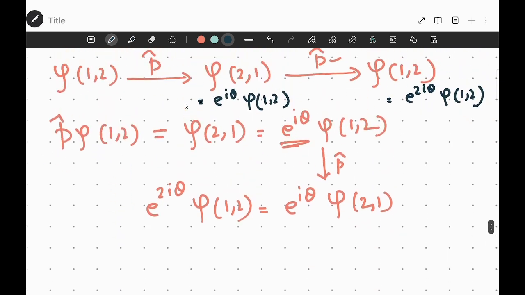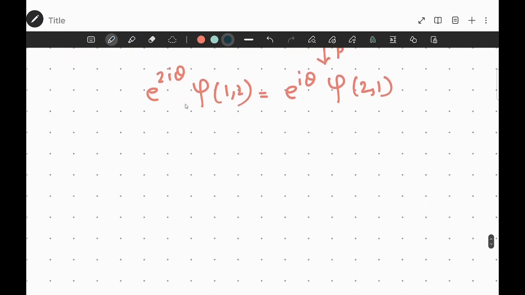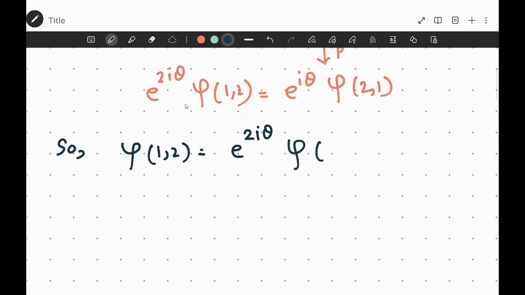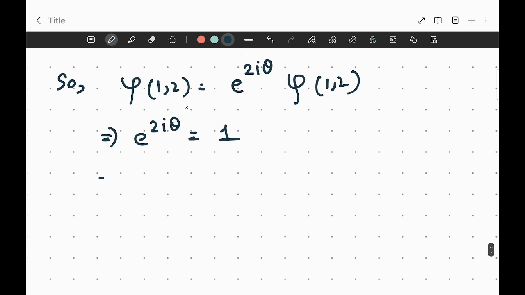Okay. So ultimately you can write psi 1, 2 equals e to the power 2 i theta into psi 1, 2. So what does it mean? That e to the power 2 i theta should be 1. Correct? So e to the power i theta will be plus minus 1. That's why I said that it should be plus or minus. That essentially means that theta is 0 or pi, not degrees, in radians.